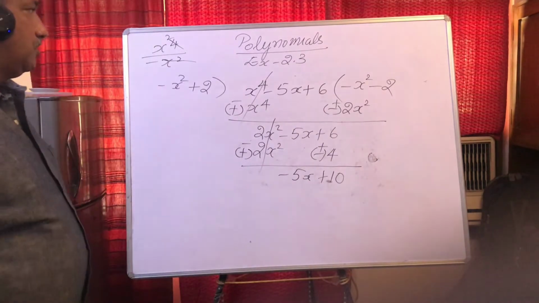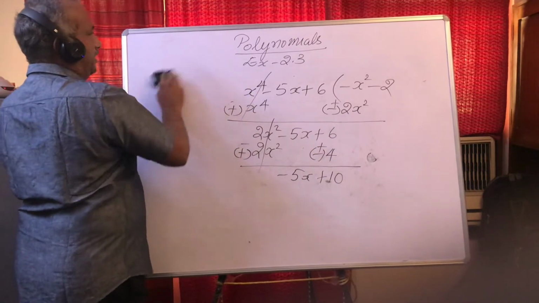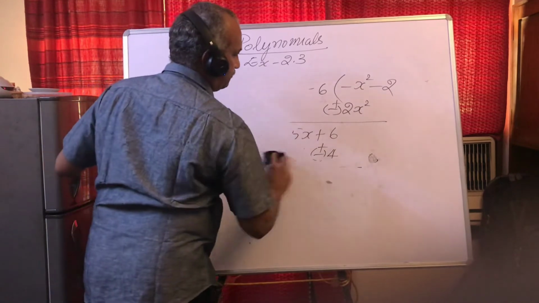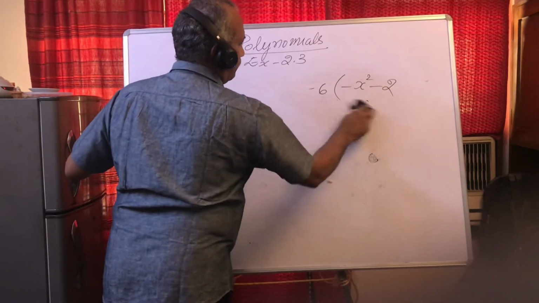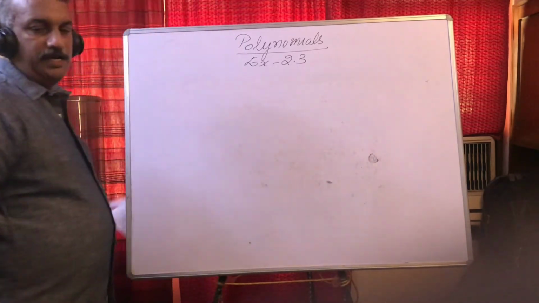Now second question is also same. In same way you have to divide and then check whether the first one is a factor of the second or not. Here it is written divide and find out, otherwise we could use remainder theorem and all. But here the question is divide and find out.